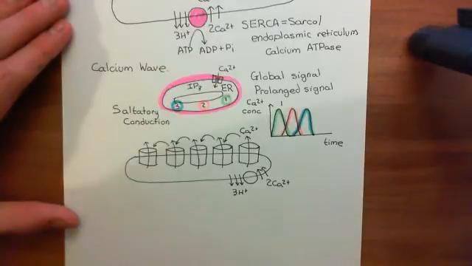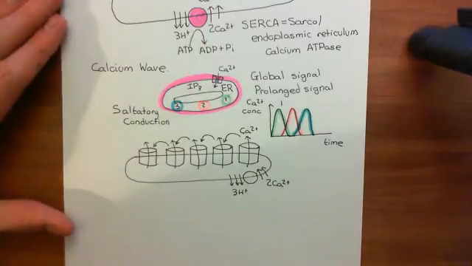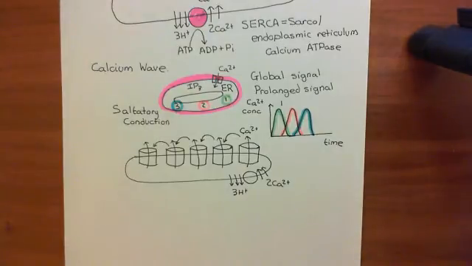In action potentials, you can't change the intensity of an action potential. Instead, stimulus intensity has to be encoded in the frequency with which you fire action potentials. Similarly, in the case of calcium waves, stimulus intensity is encoded in the frequency of calcium waves rather than in the size of them. Okay, so those are the two different types of calcium signals which you can evoke within cells, depending on whether your signal is a local short-lived signal or a global long-lived signal.